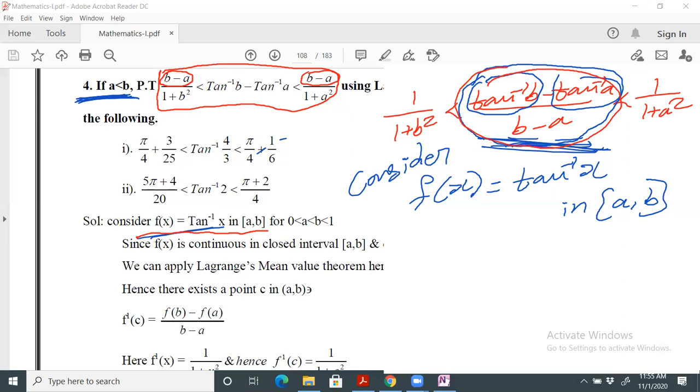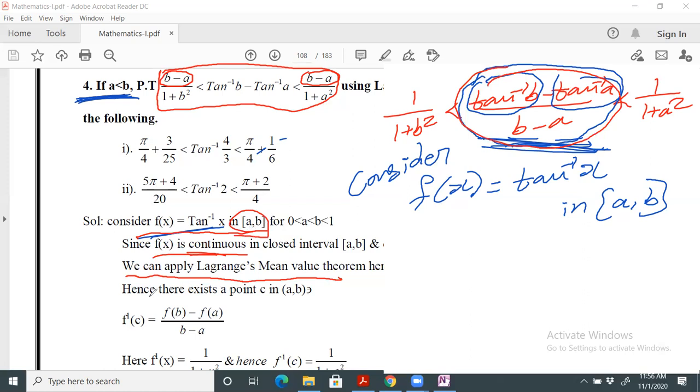So assume that we are applying Lagrange's mean value theorem. We can apply it because f is continuous and also differentiable, and you don't check anything directly. So clearly f of x is continuous in the closed interval a comma b, and f of x is differentiable in the open interval a comma b.